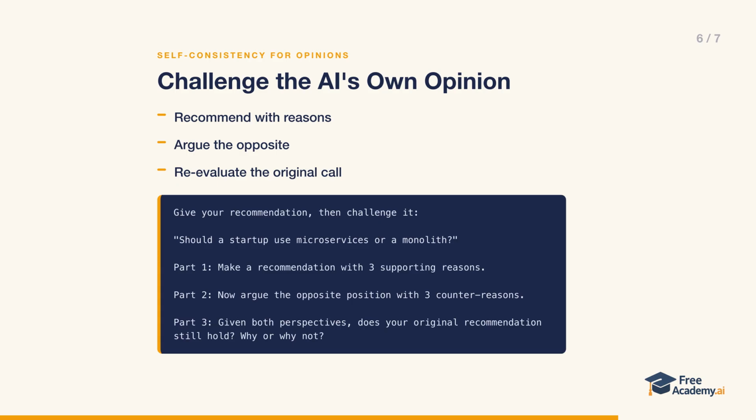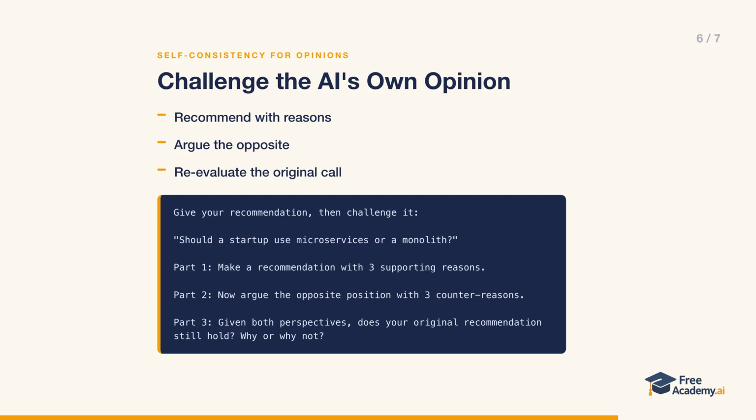Self-consistency even works on judgment calls, not just facts and math. Here we ask whether a startup should use microservices or a monolith. In Part 1, the model makes a recommendation with 3 supporting reasons. In Part 2, it argues the opposite position with 3 counter reasons. And in Part 3, given both perspectives, we ask whether the original recommendation still holds, and why or why not.